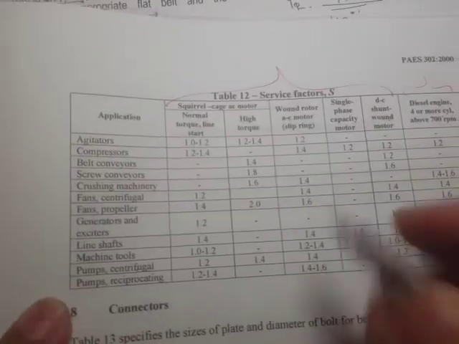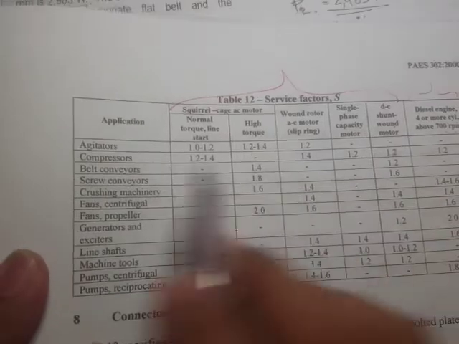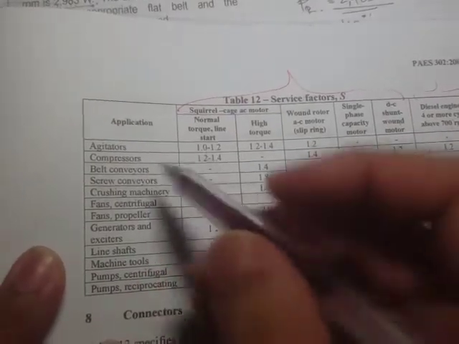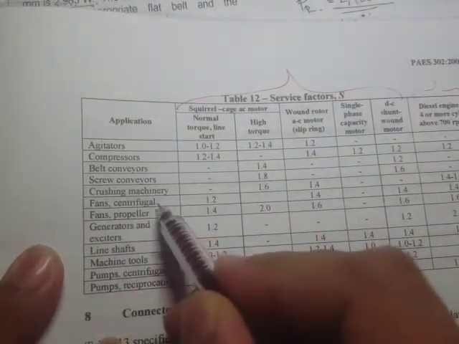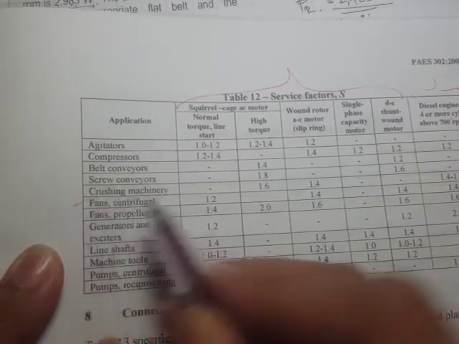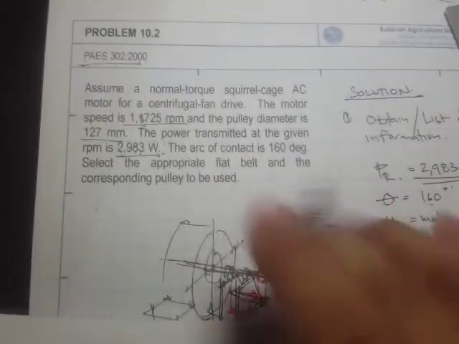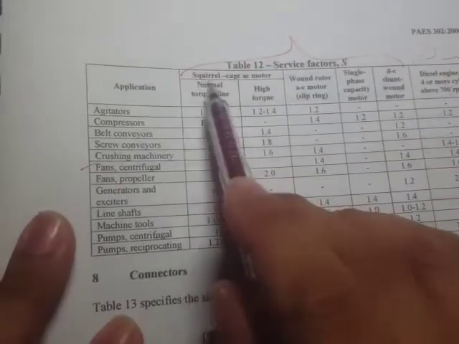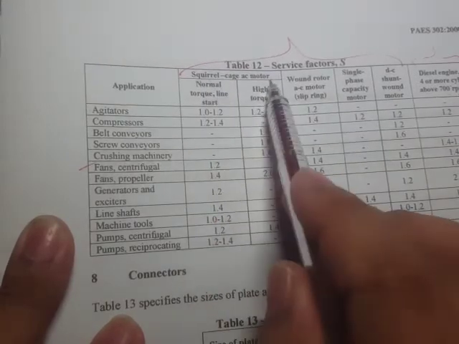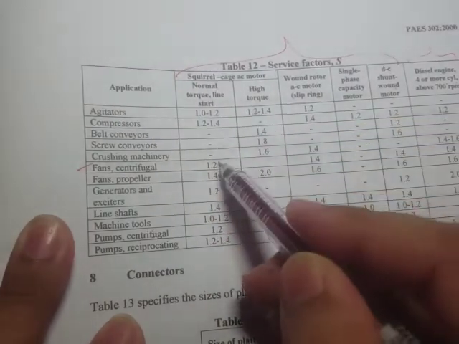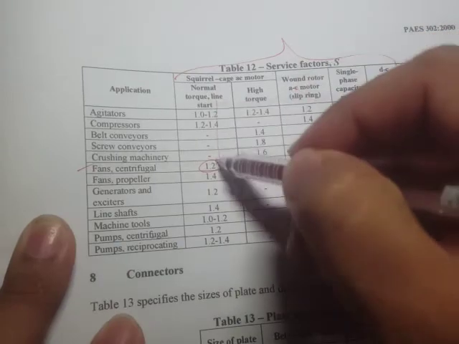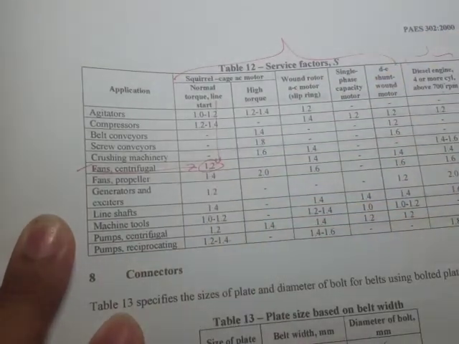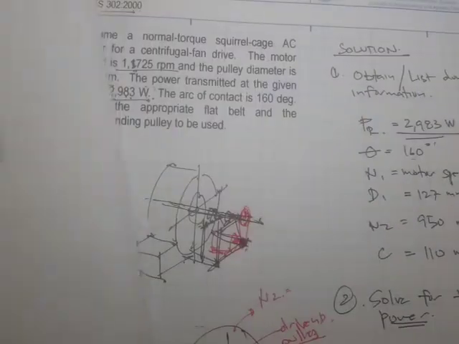This is table 12. Right here our application is fans, centrifugal, and our type of motor is a normal torque squirrel cage AC motor. So here's the squirrel cage AC motor, and here's the normal torque, and therefore our value is 1.2 for the service factor.